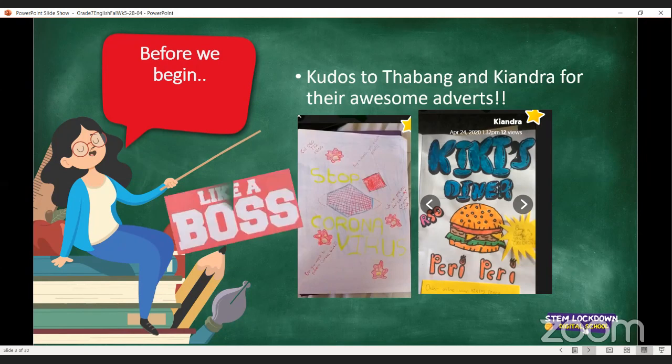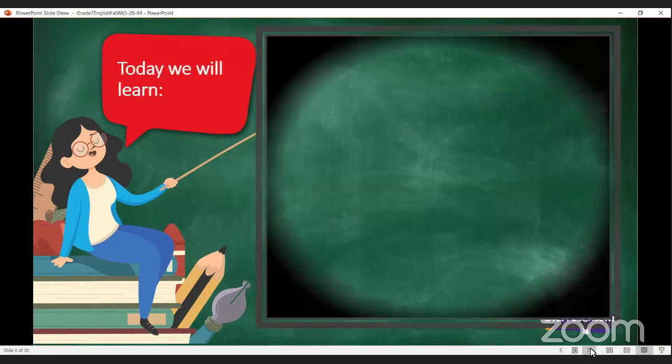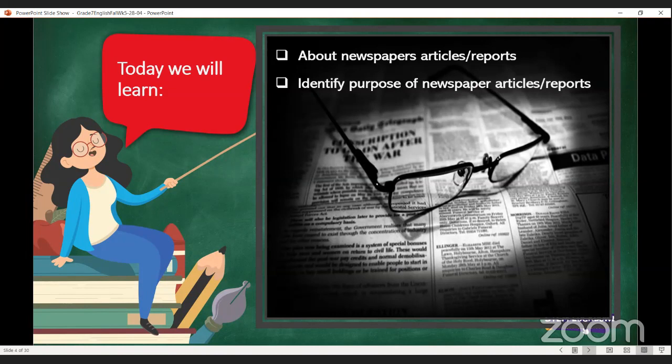Like a boss. Today we will learn, and I think that image gives you a pretty good idea, about newspapers, articles, and reports. Identify the purpose of a newspaper article or report.